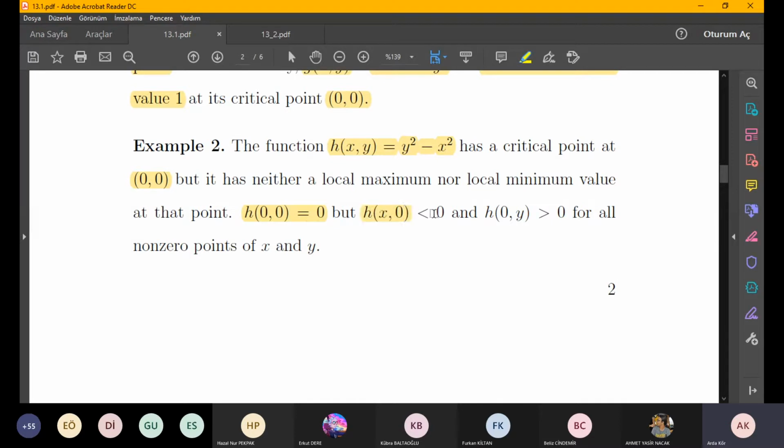h(x,0) is smaller than 0, right, for any x, because we have minus x squared here, and h(0,y) is always positive, because y squared will be positive. Here you have minus x squared as the value of h(x,0), so it will be always negative.